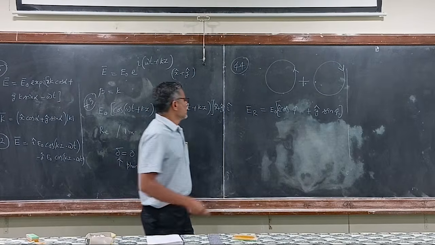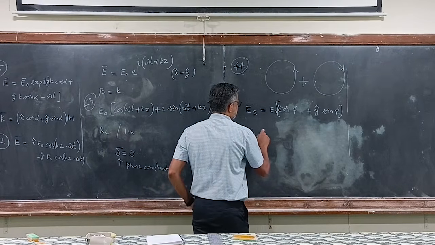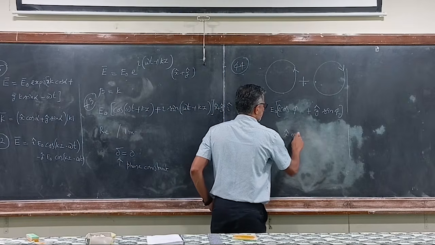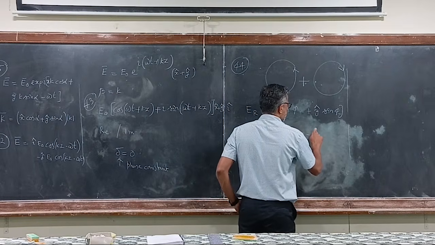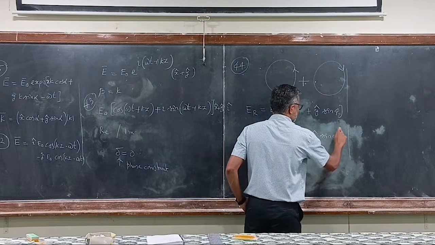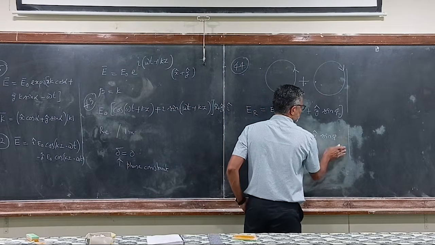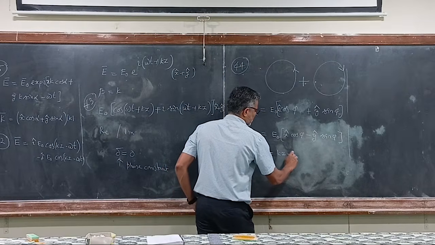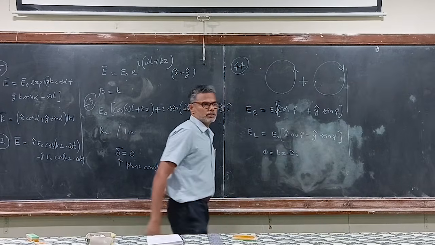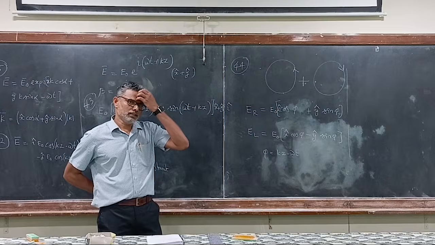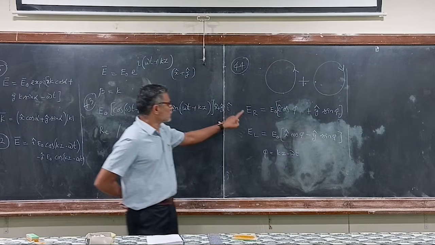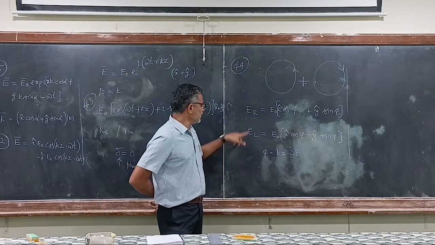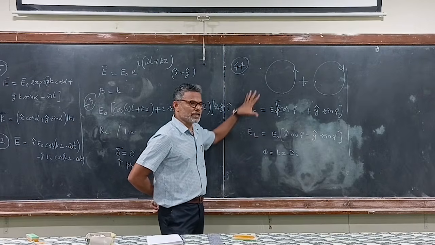And if it is left circular, EL, same amplitude E0, x cap cos phi minus y cap sin phi, where phi is the argument, phi is kz minus omega t. So you are supposed to know how to write the right circular polarization and left circular polarization with the same values.